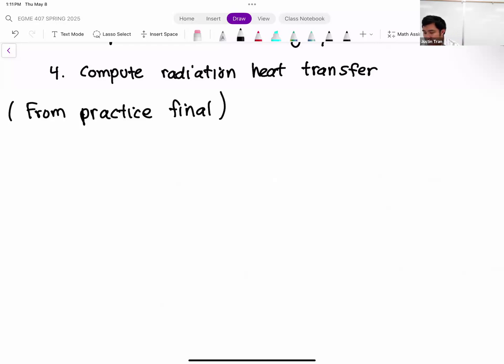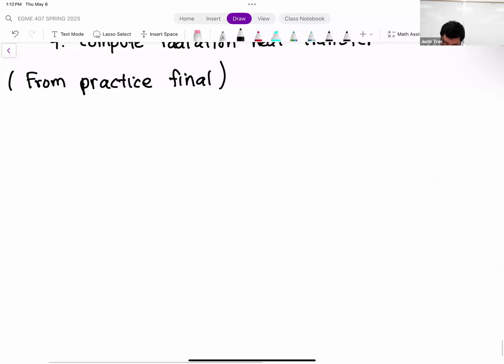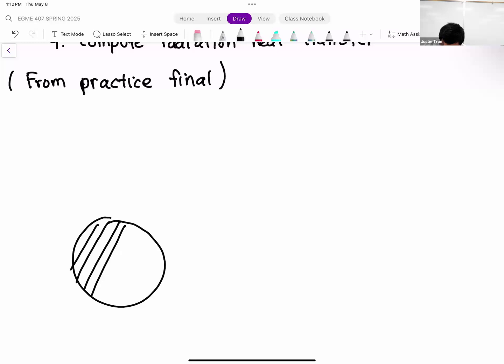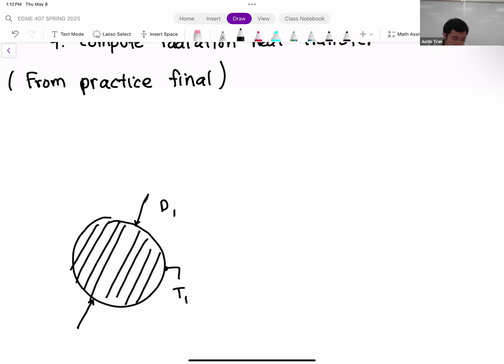Okay. So in this problem, we basically have 2 objects. We have a cylinder, and the cylinder has a particular diameter, so we'll call it D1. And we know the surface temperature; the surface temperature is going to be T1.